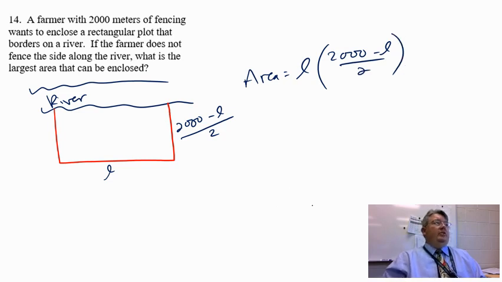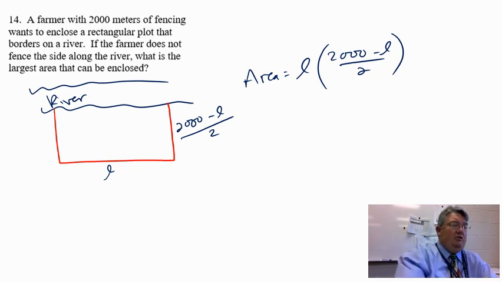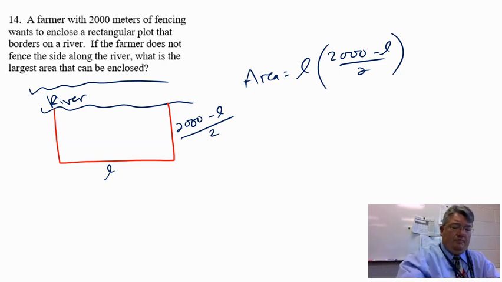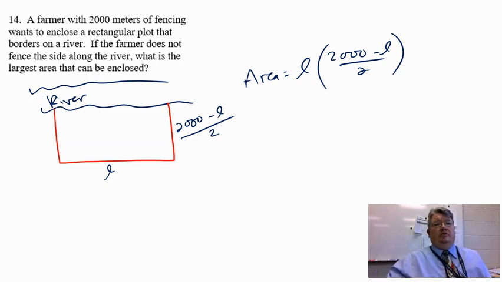Okay? Now, I need to graph that. You're going to have to graph it in decimals on your own. I'm graphing it on decimals right now. If I graph it on decimals, I get the length, which I'll call x, times 2,000 minus x, all divided by 2.